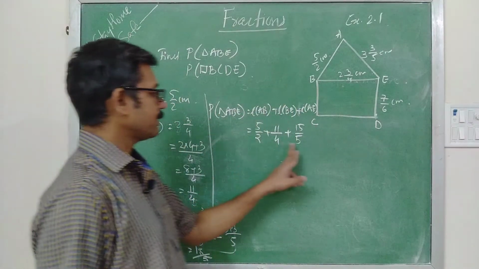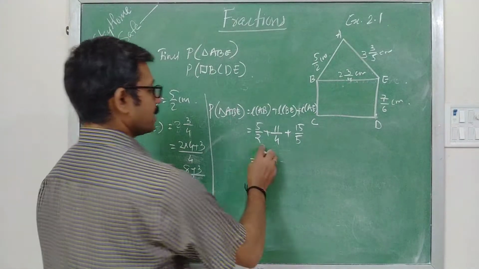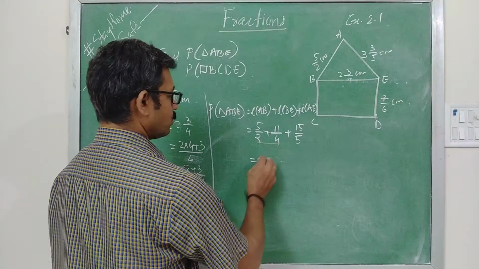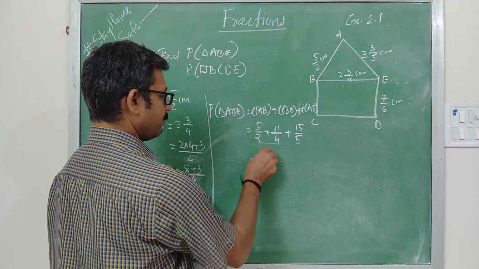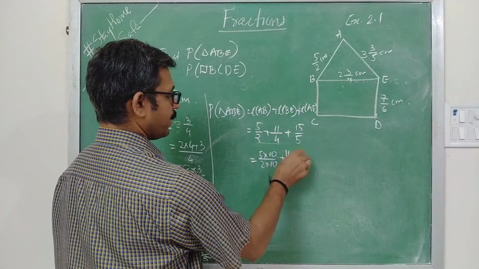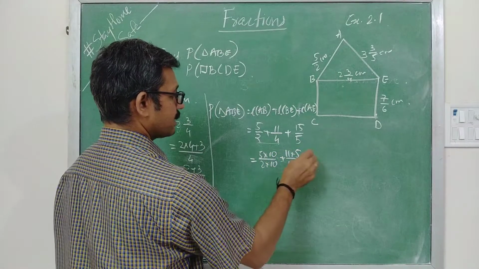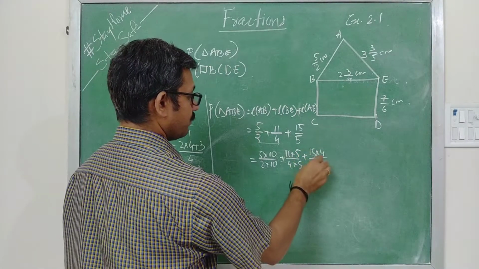Now we have to make the denominators common, so the common denominator is 20. Multiply 5 into 10 upon 2 into 10, plus 11 into 5 upon 4 into 5, plus 18 into 4 upon 5 into 4.